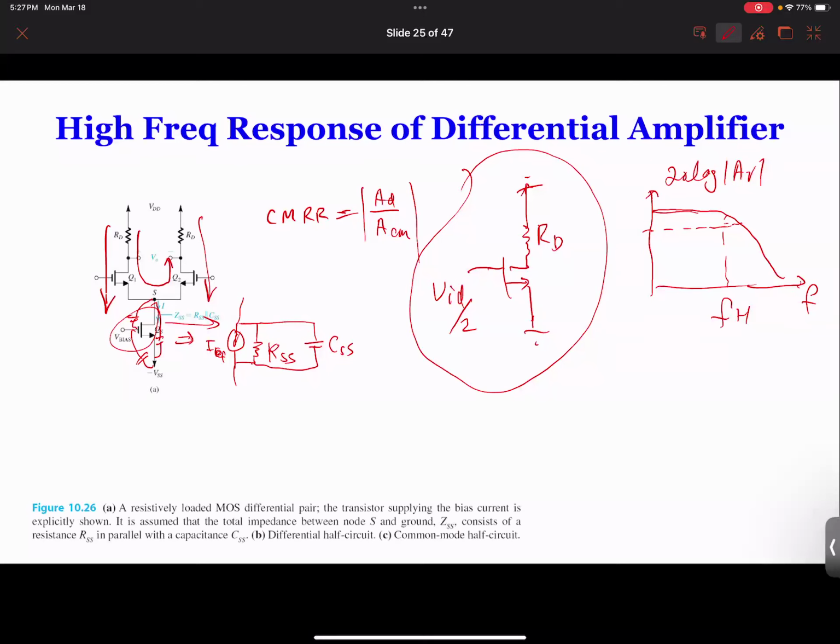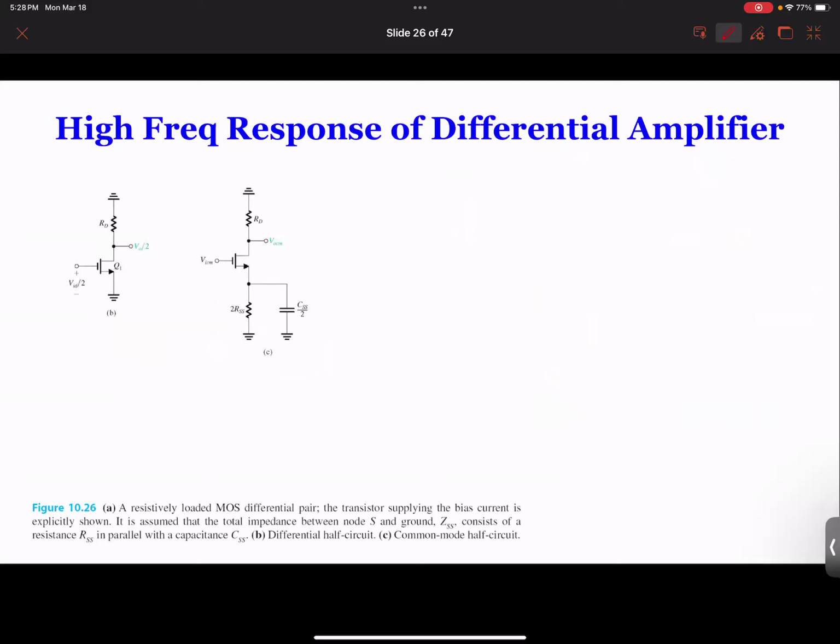And the differential gain for the middle band is going to be GM times RO or RD, where RO is the resistance of this transistor. That's the middle band. Now we draw the circuit for this: this is the differential input, and this is the common mode input.